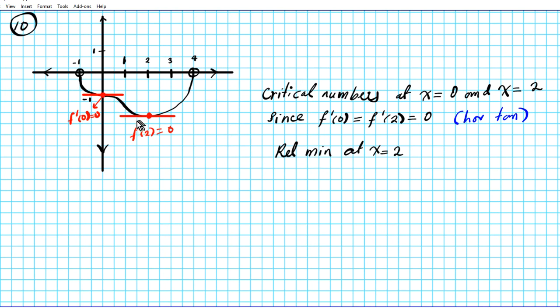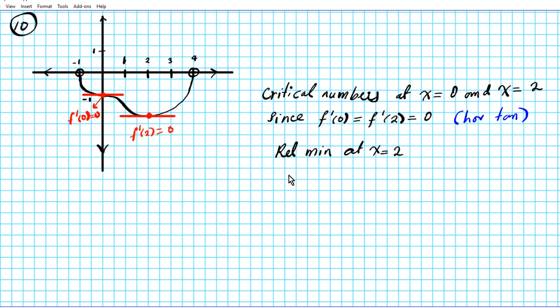The only real extrema we have here is at 2 because the function descended to that point and then reversed behavior and started increasing. So you have a decrease into that point and it starts increasing, which makes it a relative minimum. As opposed to this case, it decreases to that point, stops for a second, and then continues decreasing, which does not make it an extrema of any kind. So we have the relative minimum for this problem.